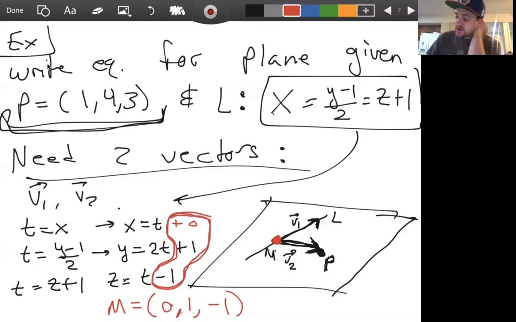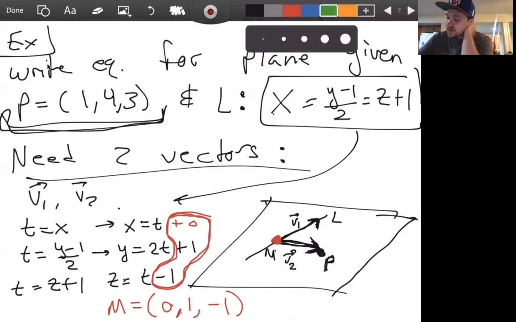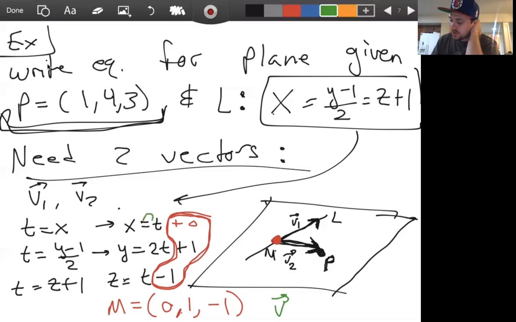Now, what about a direction vector? For the direction vector, we look at the slopes of the parametric equation. So here we look at the slopes and we have 1, 2, 1. So the direction vector for this line is (1, 2, 1).